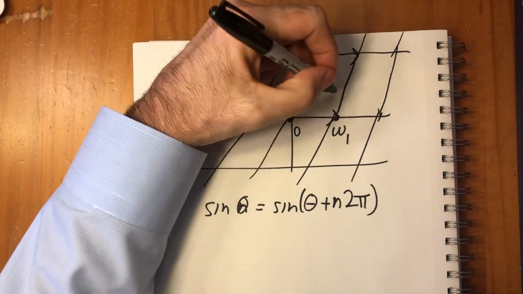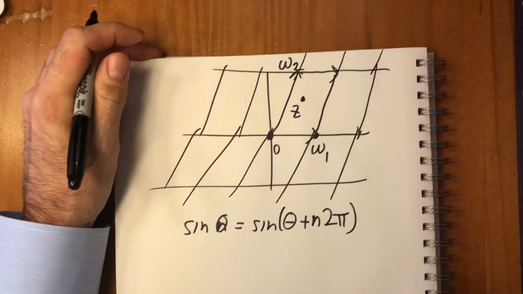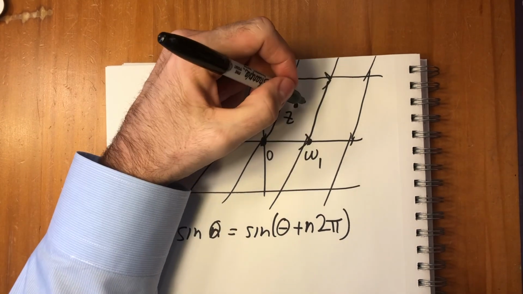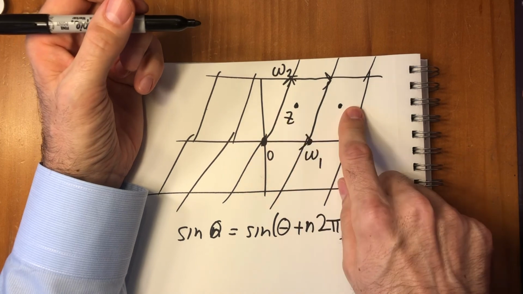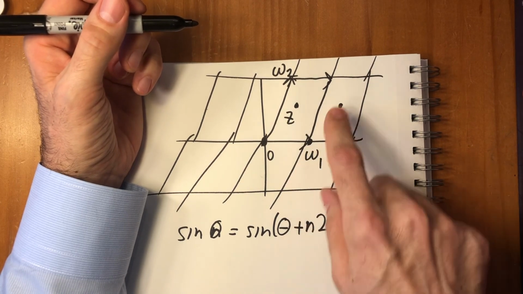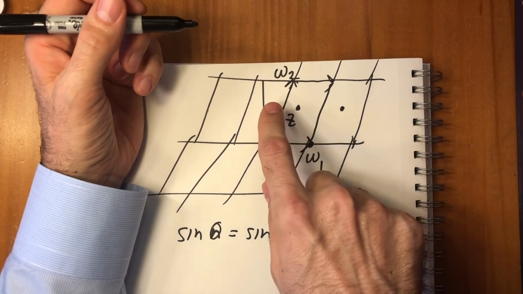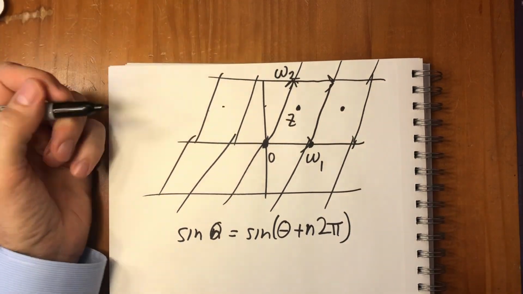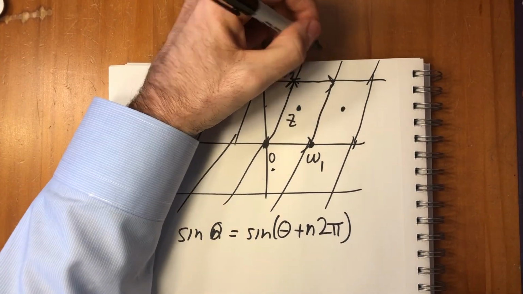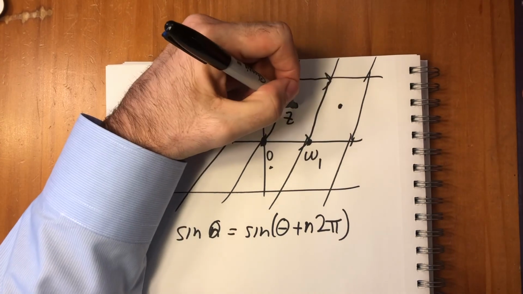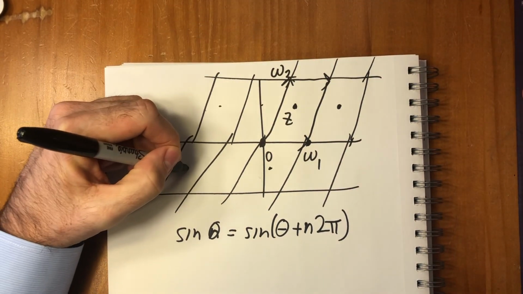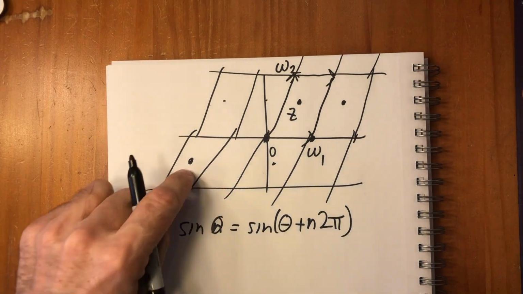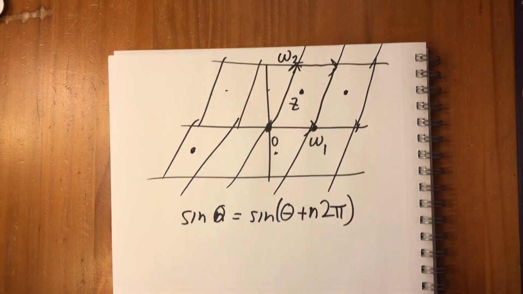So if you have a point here, z, it's going to have the same value if you add omega 1 to it, if you add 2 omega 1, 3 omega 1, this point is going to be the same everywhere. And if you go up or down, it's going to be the same. But also, if you go in any direction, if you go from here down to here, there's going to be a point here that has the same value as this. It's periodic in both directions.